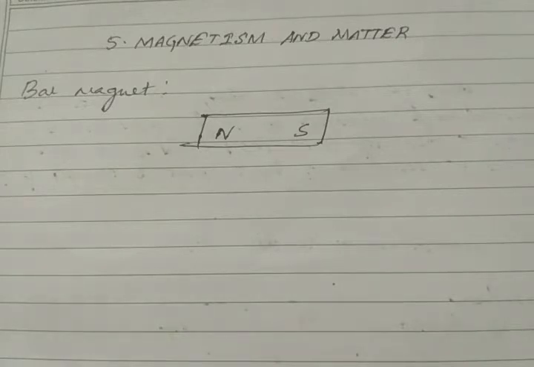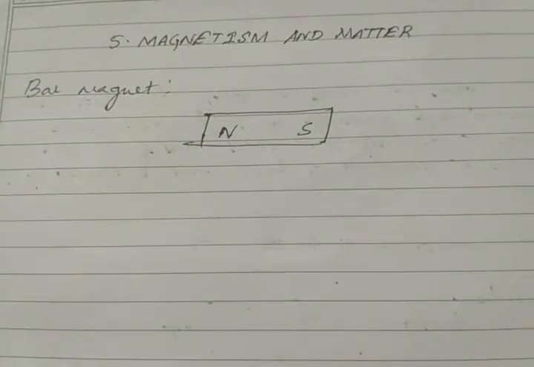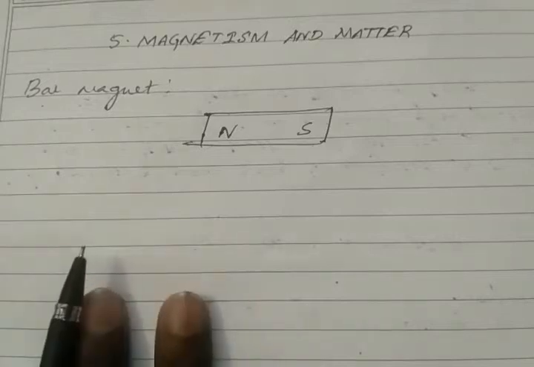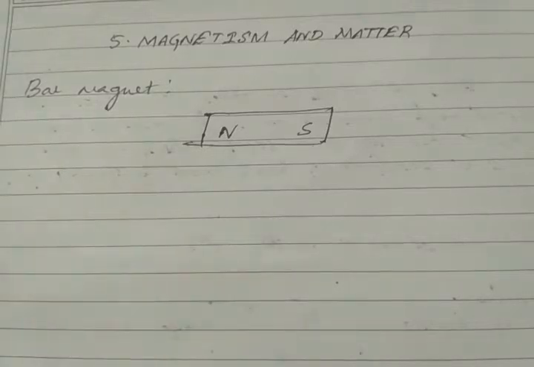So in these two poles, the bar magnet produces some magnetic field lines. We are very familiar with field lines, right? This chapter is a replica which has a lot of resemblance to the first chapter, electrostatics. So the same topics we will study again and again.